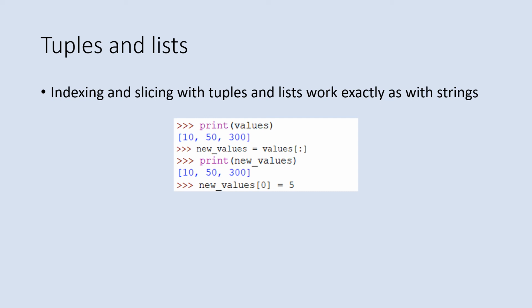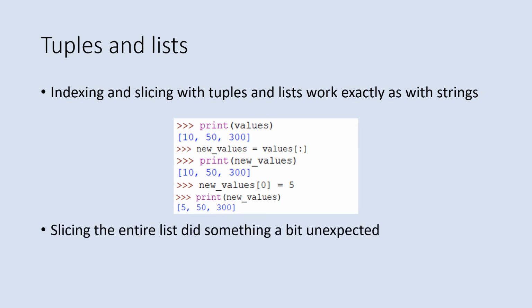We can modify a list. So let's modify the 0 index value to be 5. If we look at new values, it is now 5, 50, and 300 are the entries in that list. But if we go back to the original and print values again, this time that did not change the value.